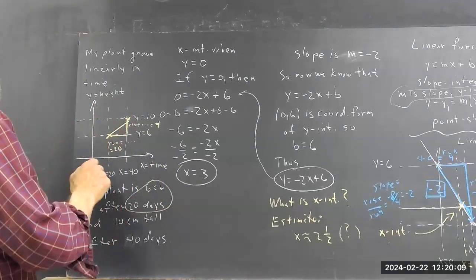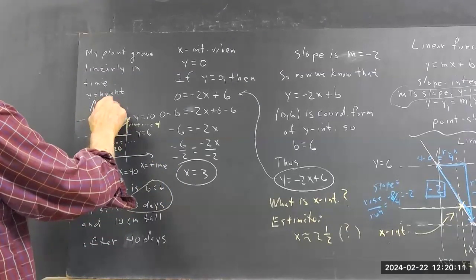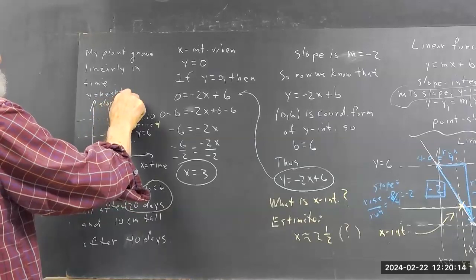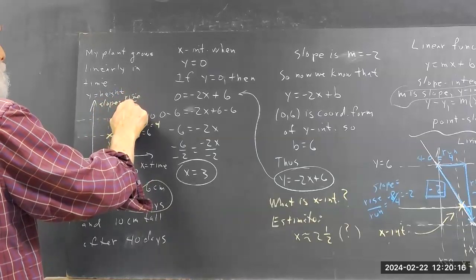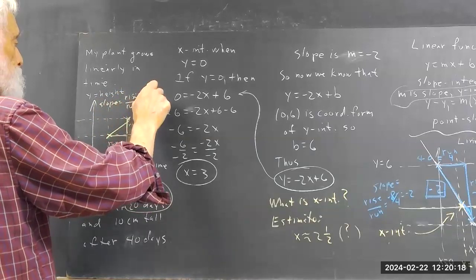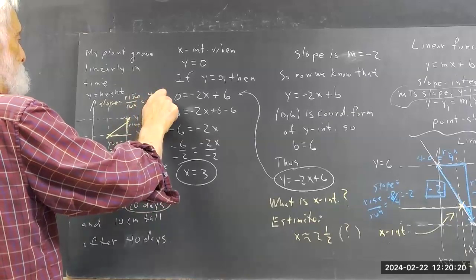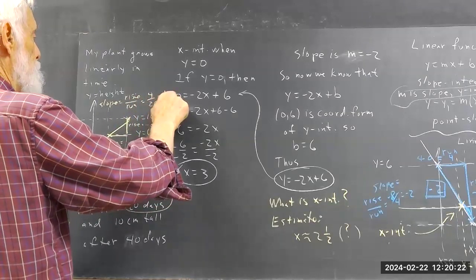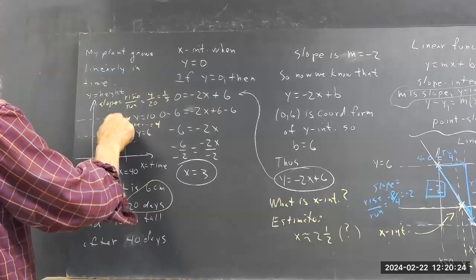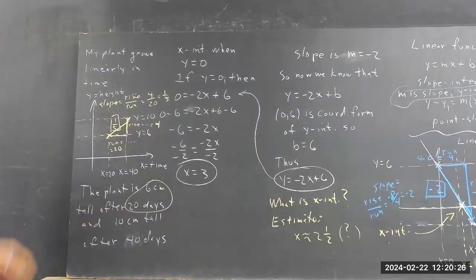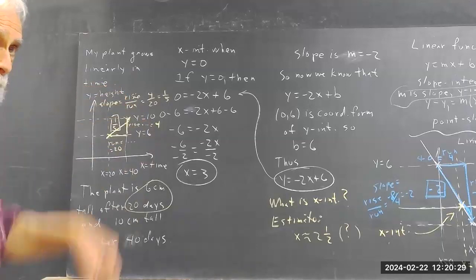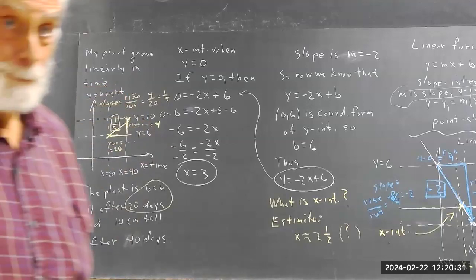Slope is then going to be, and write this out, slope equals rise over run equals 4 over 20 equals 1/5. And we put 1/5 here and put a box around it. Now we know the rate at which the plant is growing. Okay.